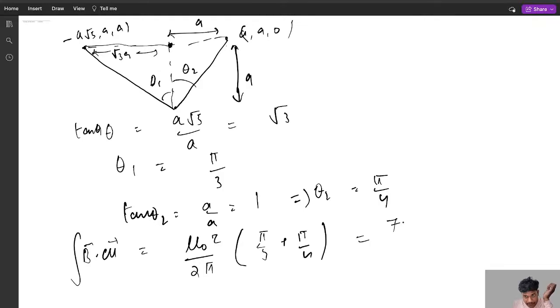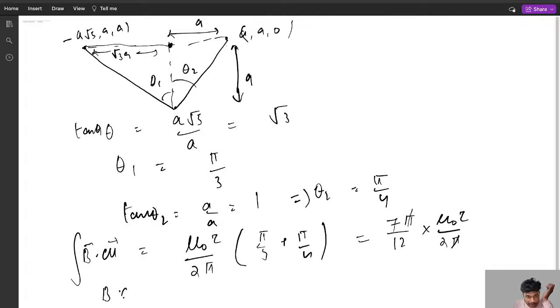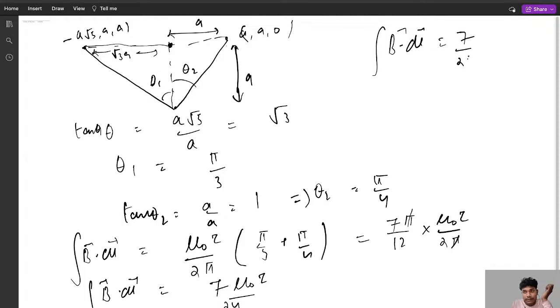We get 7 pi by 12, right? So mu naught I upon 2 pi times 7 pi by 12. Pi cancels out and we get B dot dl is equal to 7 times mu naught I upon 24, right? So our integral of B dot dl is equal to 7 by 24 times mu naught I.